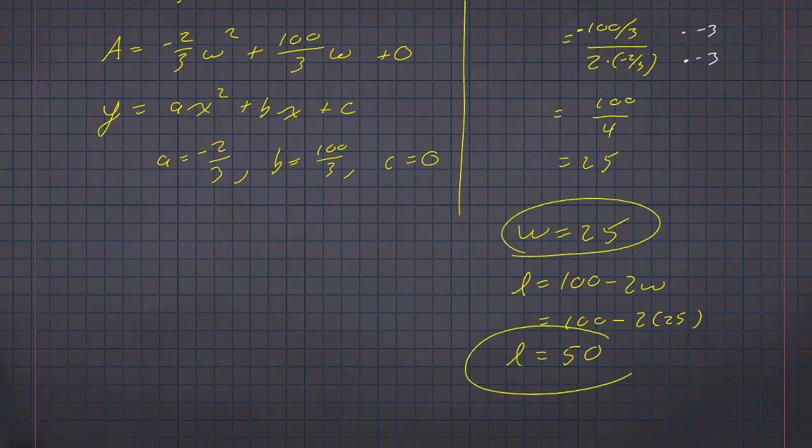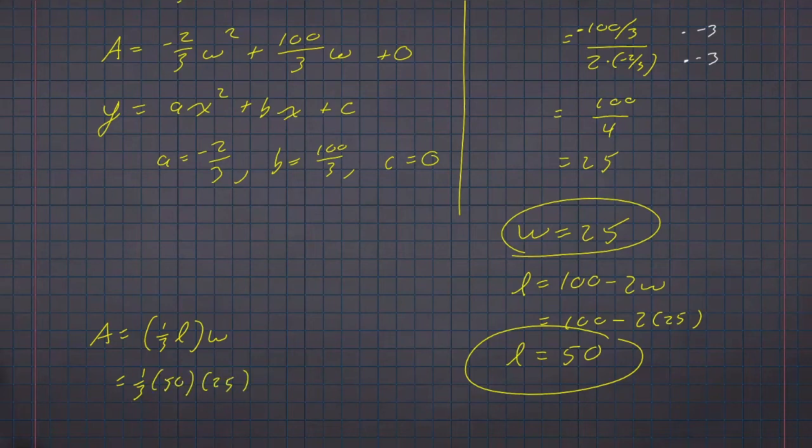So W is 25 and L is 50. And finally, remind you that the area was 1/3 L times W, which is 1/3 times 50 times 25.